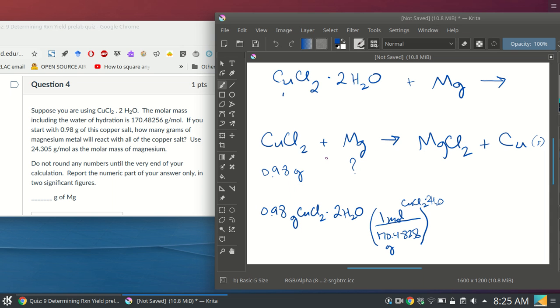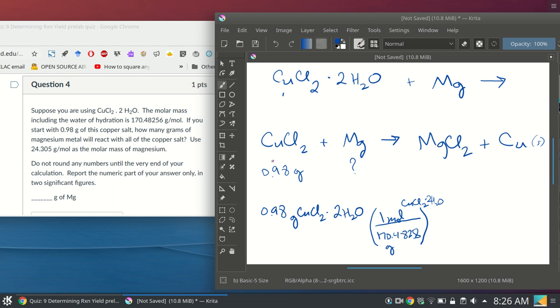But the chemical equation is not written in grams. If you have 1 mole of this, you're going to need 1 mole of this. If you have 2 moles of this, you're going to need 2 moles of this. Whatever moles of this you have, it's the same number of moles of this that you're going to need. But it's not grams. You cannot say 0.98 grams of this is going to require 0.98 grams of this. No, because a chemical equation is written in moles or molecules or particles.